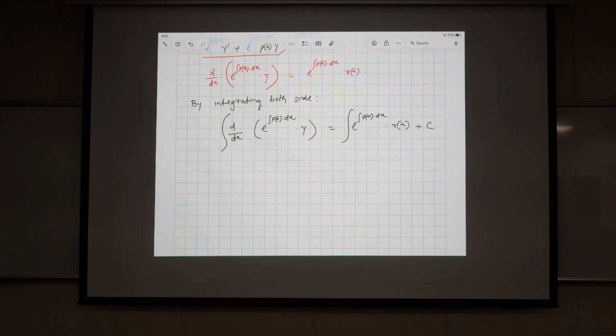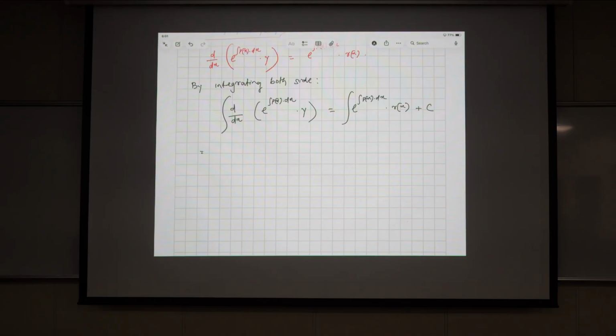We integrate both sides. What will we get? We will get e to the power ∫p(x)dx times y is equal to the integral of e to the power ∫p(x)dx times r(x) plus c.